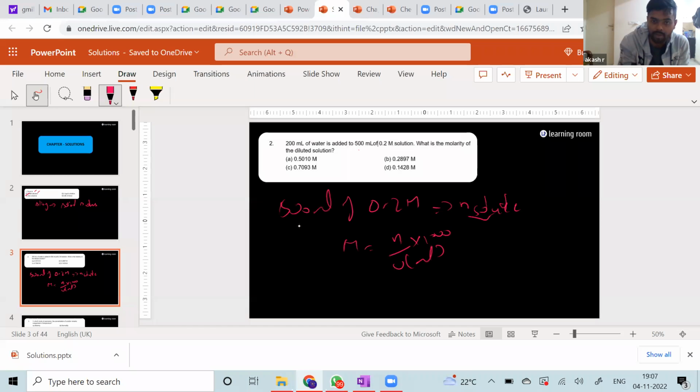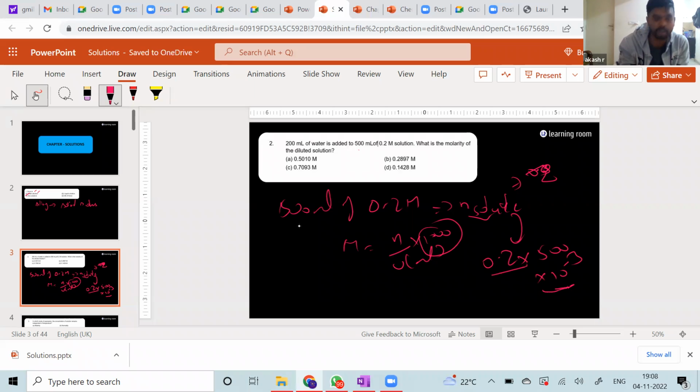So the number of moles would be 0.2, that is the molarity, into 500 into 10 to the power minus 3. I am putting 10 to the power minus 3 because I want to convert into liters, since there's 1000 here. That is the number of moles we have for the solute.